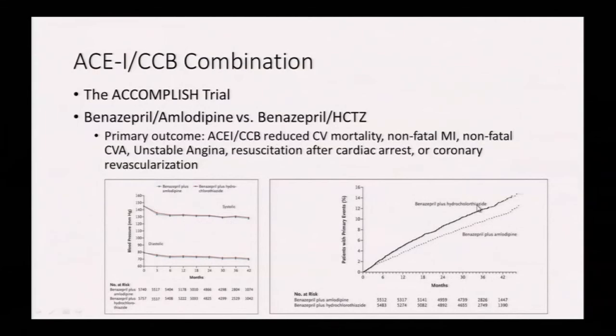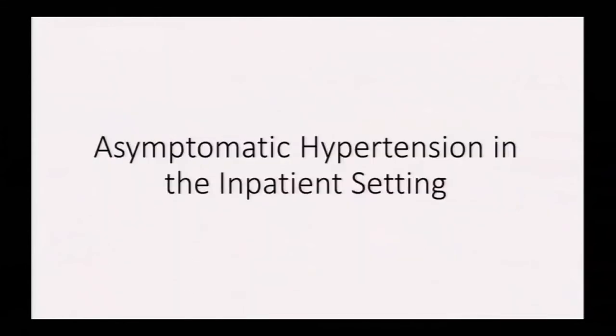So you can consider this in treating your patients when you don't have any other specific indications for a second agent, and you could just choose any of the agents you have. Then you probably could combine ACE and calcium channel blocker for them instead of combining ACE and HCTZ.